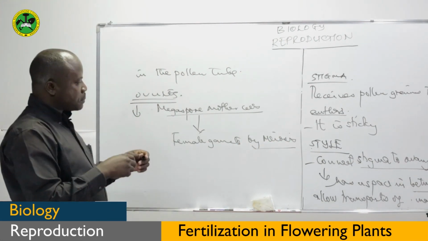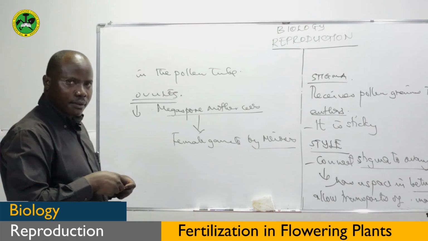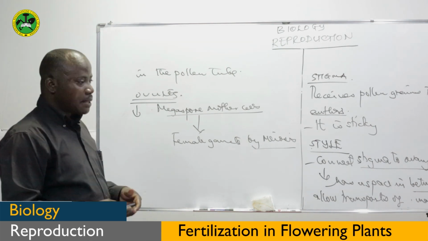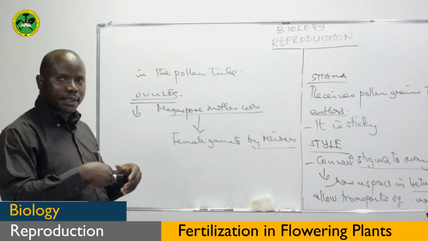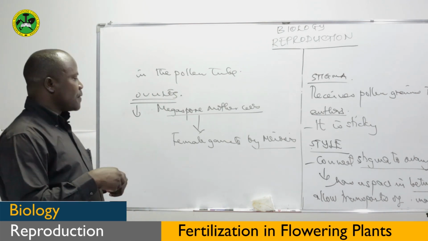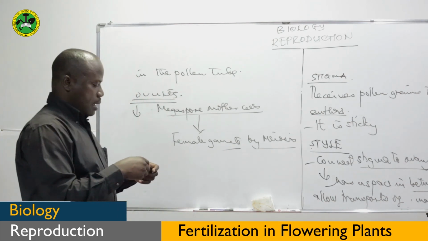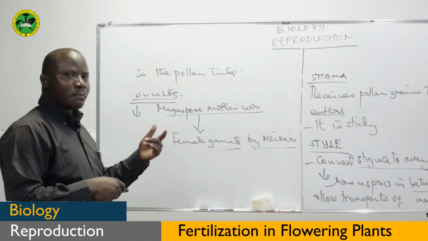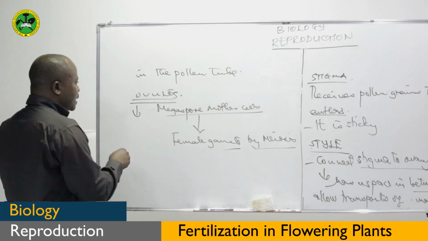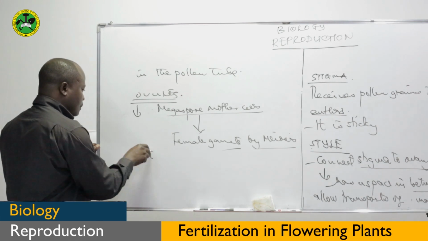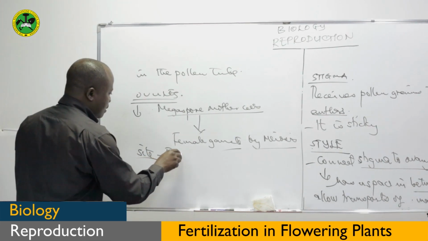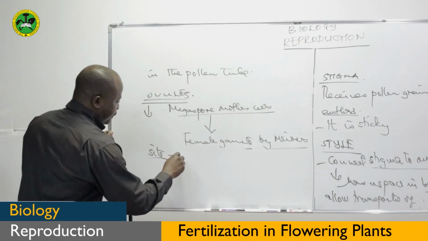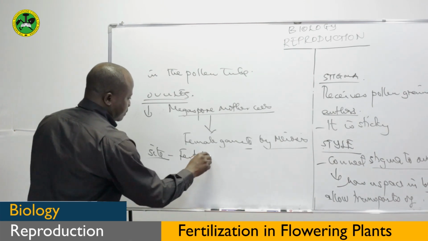It is these megaspore mother cells that undergo meiotic division to give rise to megaspores, and the megaspores undergo a series of development involving mitosis, giving rise to the female gamete, together with other cells such as antipodal cells, synergids, and the polar nuclei. But also the ovule forms the site where fertilization occurs.